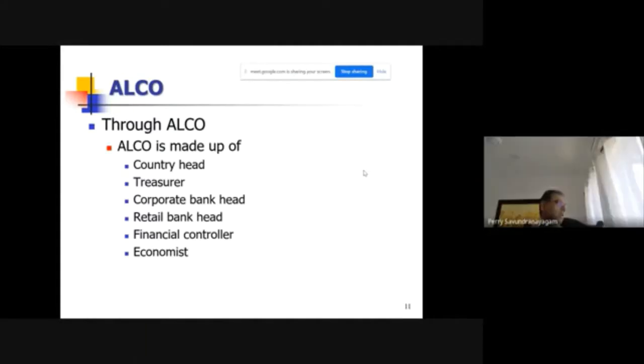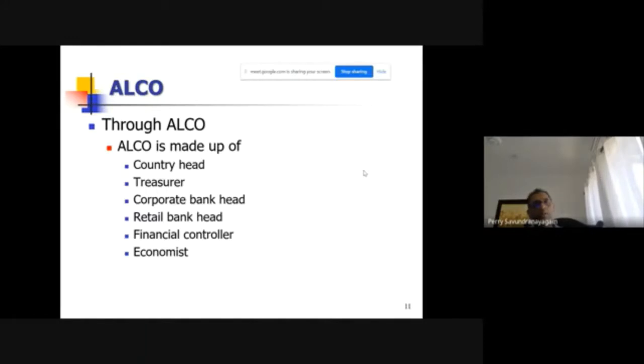That's right. So you might not have an economist coming in for every ALCO, but you might once a year have somebody coming in to give an overview of what their expectations are. Treasury will have the actual understanding of the market that we deal in. Economists will give a more overall analysis of what the expectations are on the economy over a period of time.